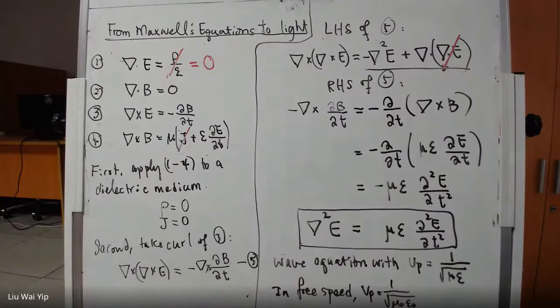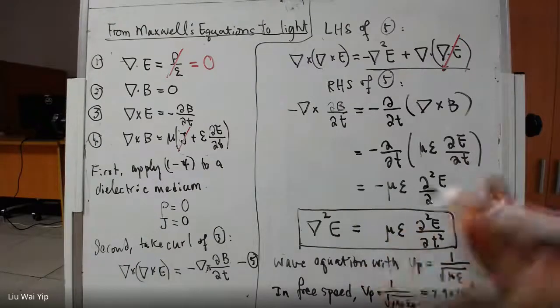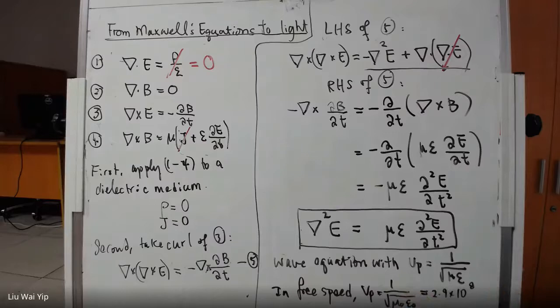And fortunately, this expression will end up with 2.9 times 10 to the power 8. And this is exactly the speed of light. And the unit of this Vp, the propagation velocity, is meter per second.